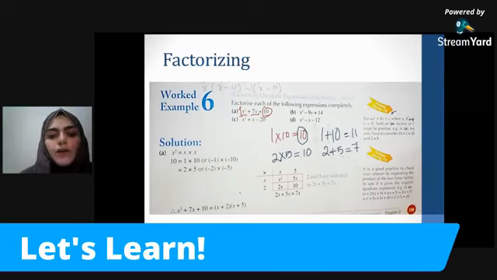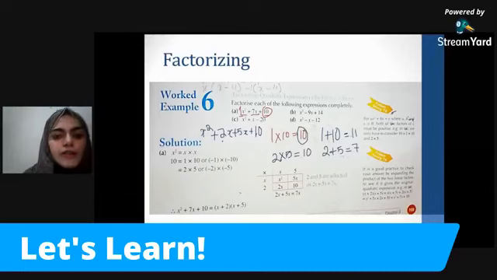Now how will I work out? So what I'll do is I will write down the x square same here as it is, plus sign will come here as it is, but instead of writing a 7x here, I will break it into two parts, that is 2x plus 5x plus 10, right?